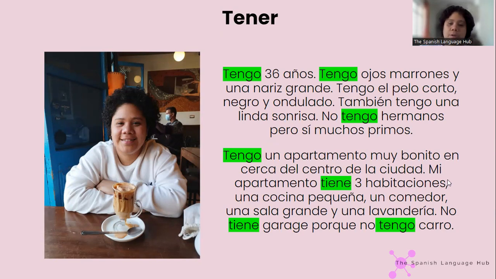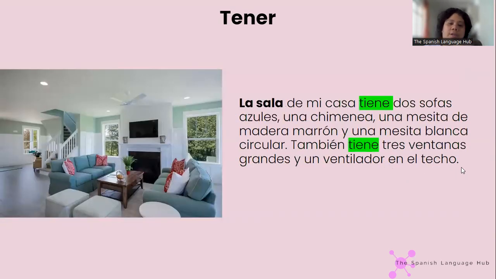But here, remember when we use hay? They're exchangeable here. We can say en mi apartamento. Now it changed. Here I said mi apartamento tiene, but with hay I would say en mi apartamento hay 3 habitaciones. That's the difference. But you're pretty much talking about the same thing, listing the things that you have. For example, la sala de mi casa tiene 2 sofás azules, una chimenea, una mesita de madera marrón y una mesita blanca circular.